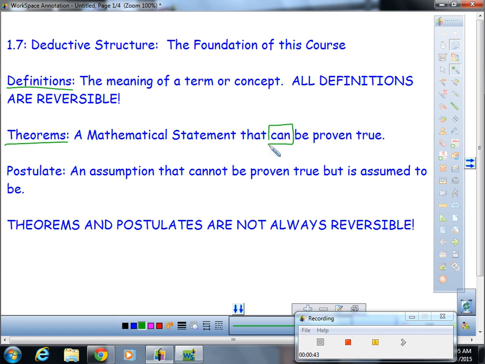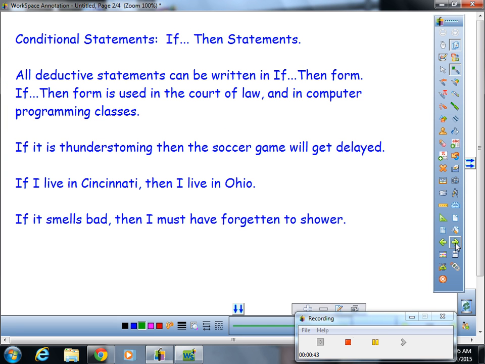You can't prove it, but it's something we assume to be true. We also assume that straight lines are 180 degrees. We can't prove it, but we assume it to be true, okay? So that's where we are in this class right now. It's important to understand that theorems and postulates are not always reversible, okay? And we'll go in and show some examples to that.